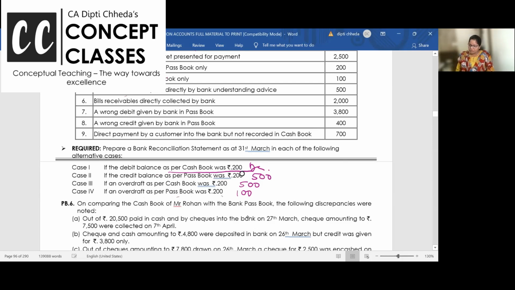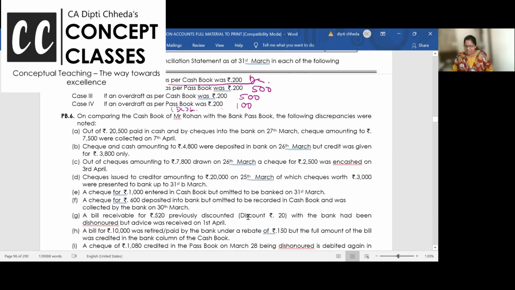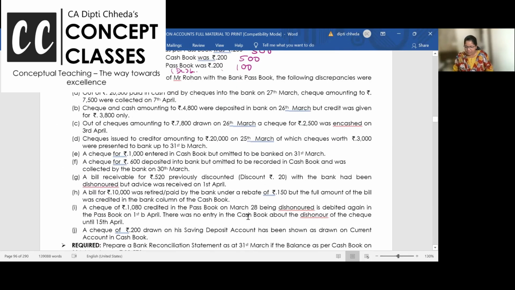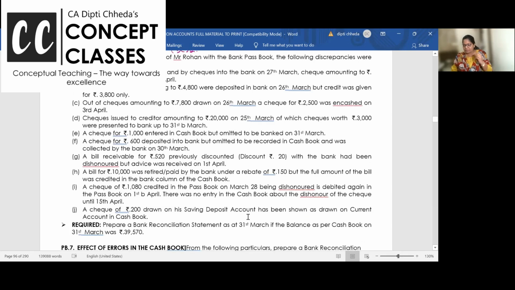If passbook is 200 but it is overdraft as per passbook, overdraft as per passbook means debit balance. Cash book credit, overdraft, passbook debit, overdraft. So just try these three options at home. Leave the page so that you will surely do it, and quickly we are going to the very next problem.